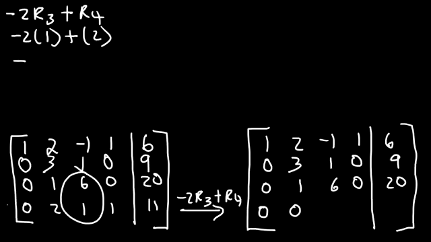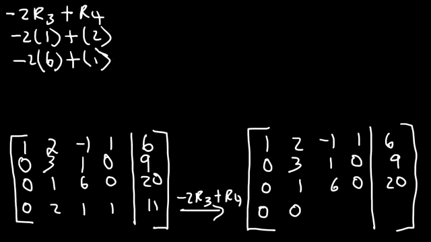Now, for column 3, R3 is going to be 6, and R4 is 1. So negative 2 times 6 is negative 12 plus 1. That's going to be negative 11. Now for column 4, R3 is 0, and R4 is 1. So this is just going to be 1.